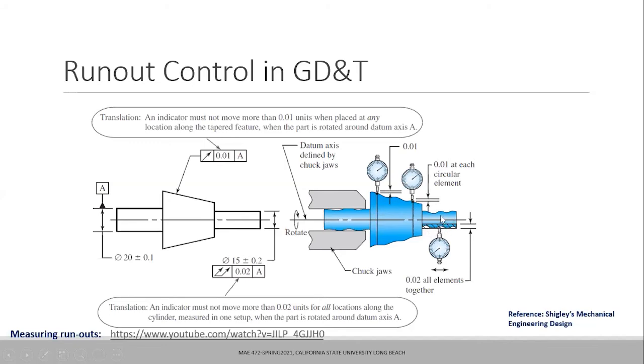That gives you the offset of the surface profile. If you measure that throughout the length, that gives you total runout. If you measure it at one cross section, that gives you circular runout.